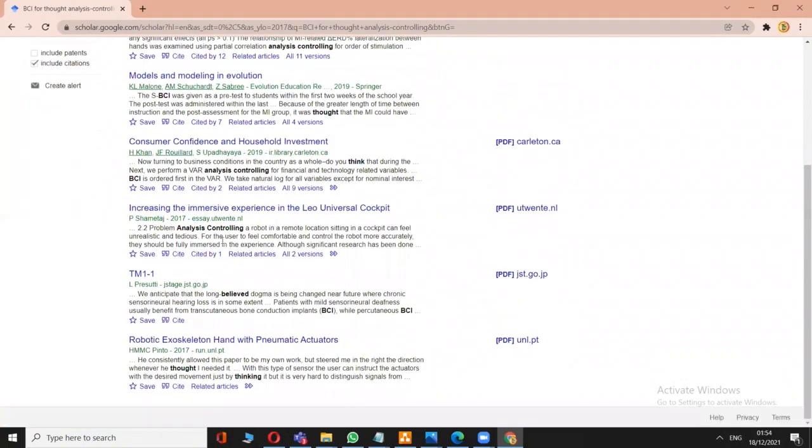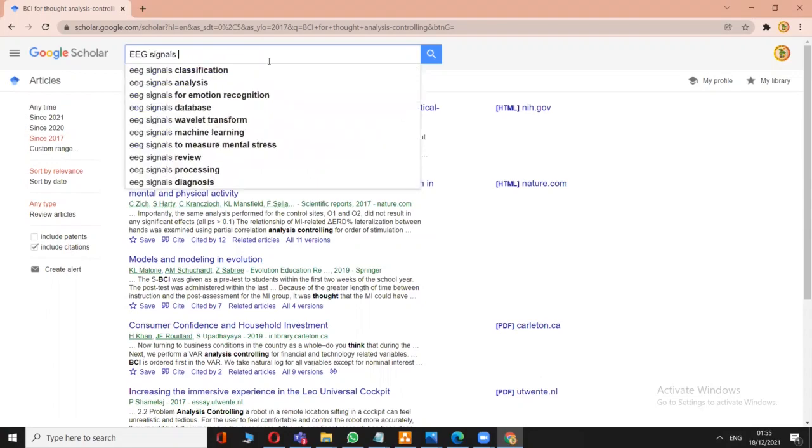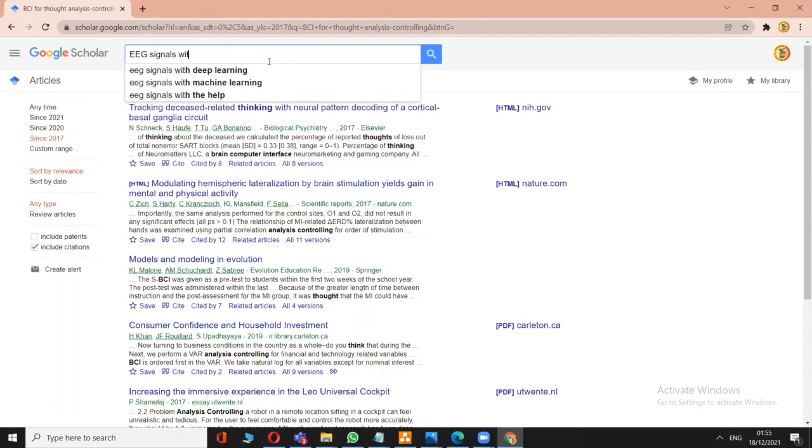Robotic exoskeleton hand with pneumatic actuators. I will put here thought analysis, brain computer, like this way, if it is EEG signal with machine learning.